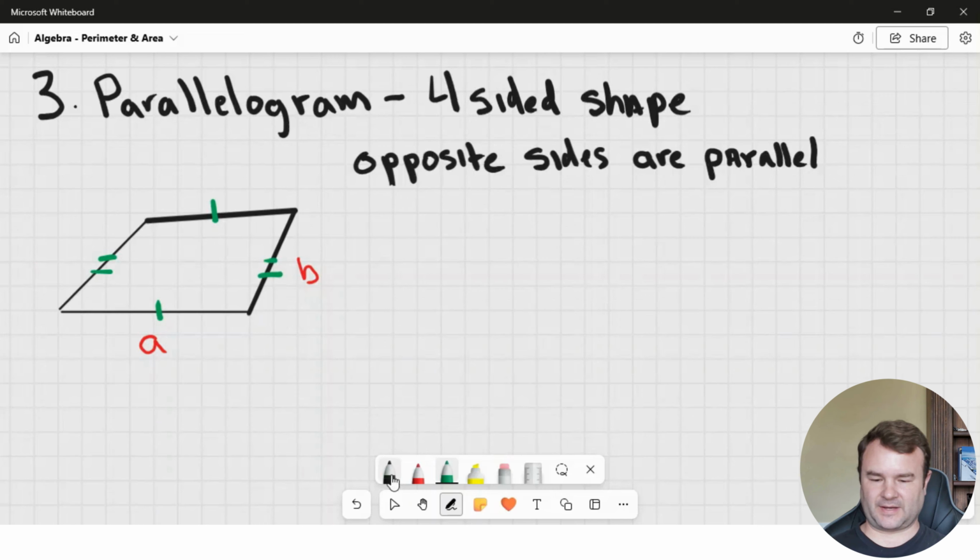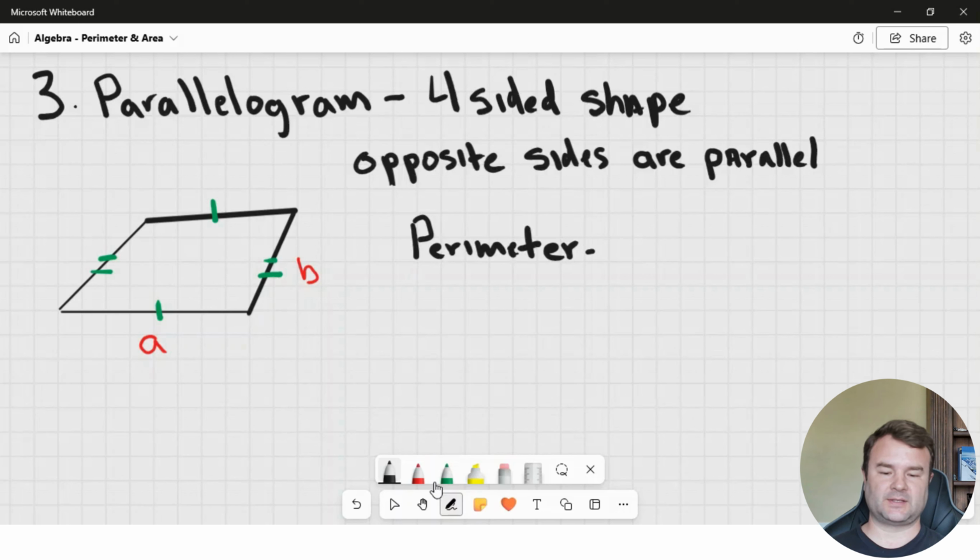All right, so let's go ahead and define perimeter for a parallelogram. Again, the perimeter is the linear distance around a figure or shape, or the sum of each of these sides.